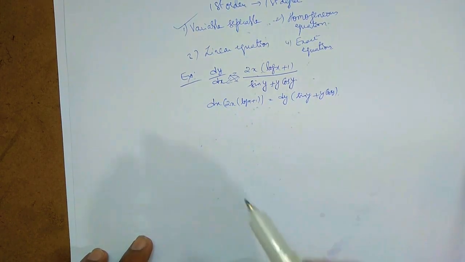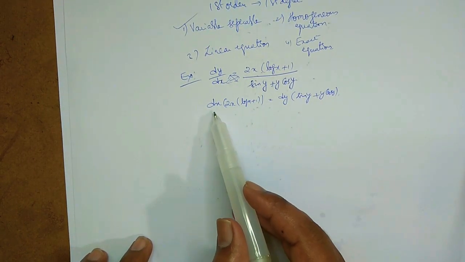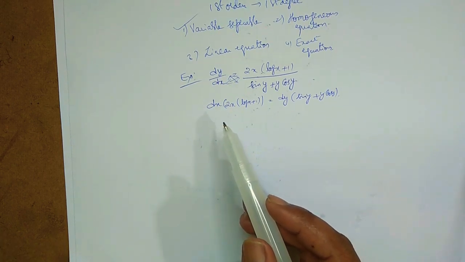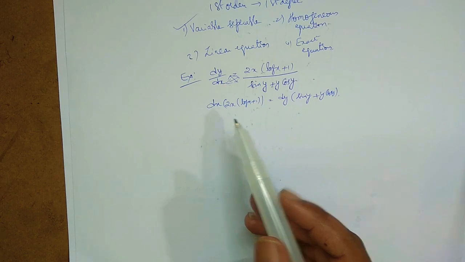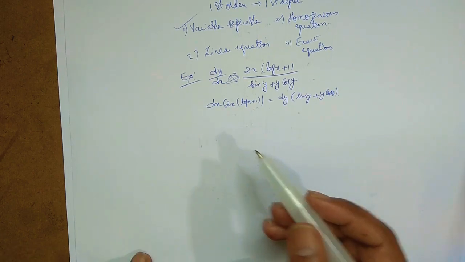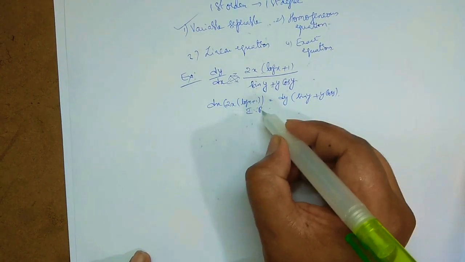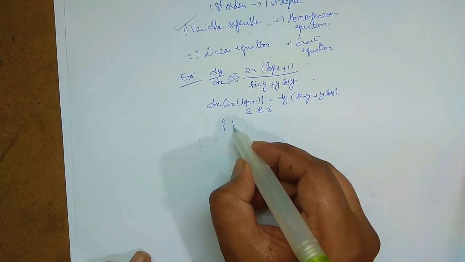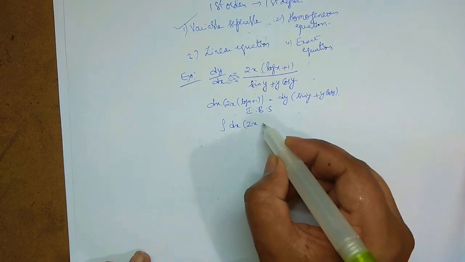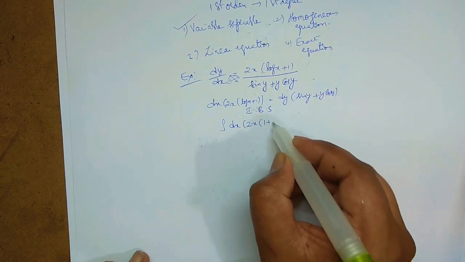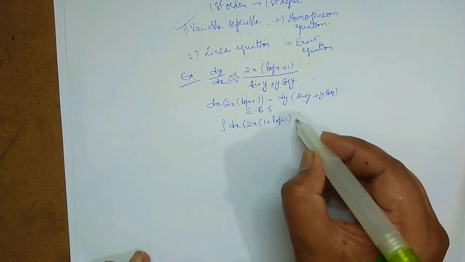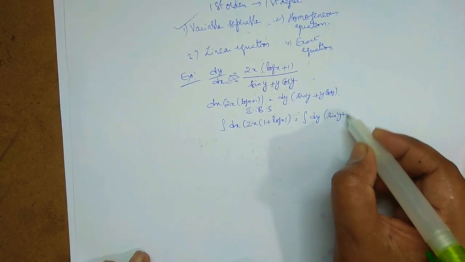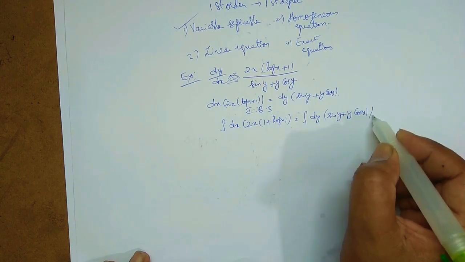Why? Because we know integration is the reverse process of differentiation. So to solve this differential equation, we need to integrate on both sides. So that is what I am doing here. Integrating on both sides, what will you get? Integral of 2x(1 plus log x) dx equals integral of (sin y plus y cos y) dy.